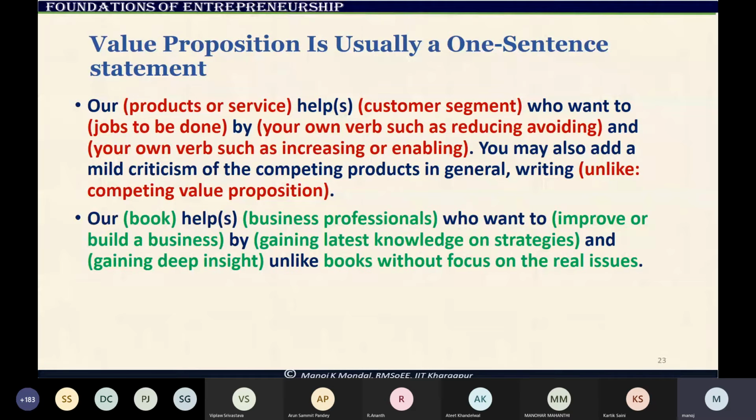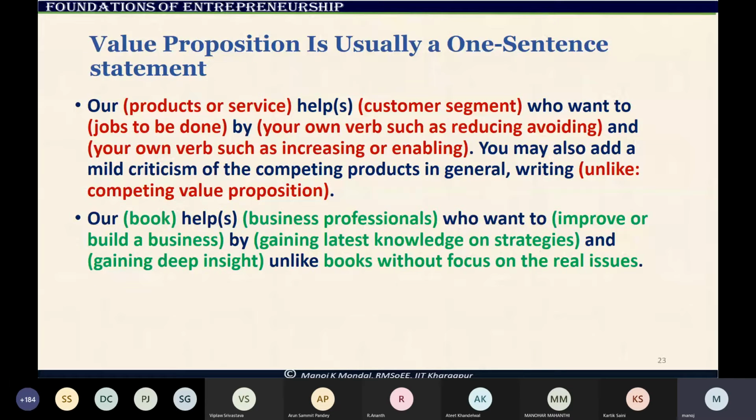Now, Osterwalder has said that this may be a format for a value proposition statement. Our product or service helps customer segment, meaning help you guys who want to do this job, by a means, and whatever jobs they want to do.